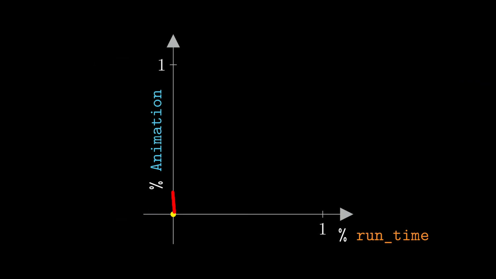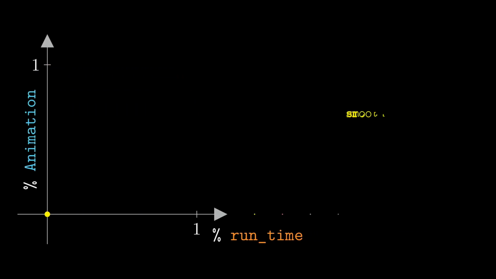The way we get from the initial state to the final state is what defines rate functions. However, nothing forces the rate func to start at 0 or end at 1.